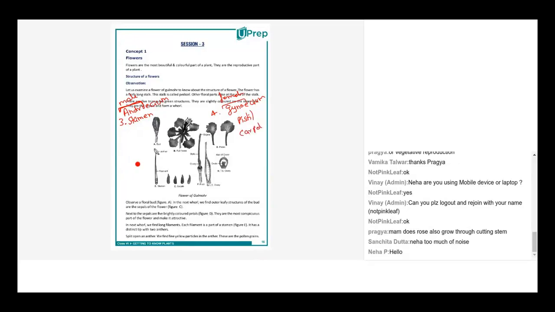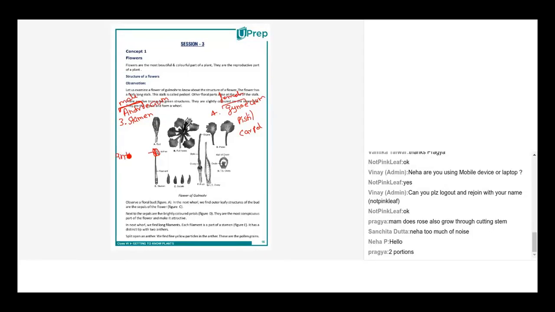I don't know if all of you remember, we had studied that the stamen has a top portion which is something like this, known as the anther, and there is a thin tube-like structure, which is known as the filament. So basically, the stamen can be divided into two parts, the anther and the filament.